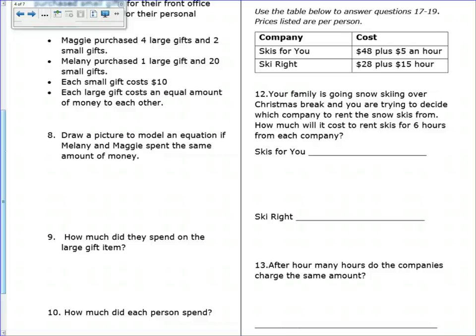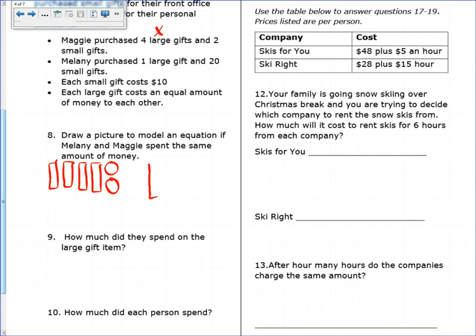So number 8 says draw a picture to model an equation. So we're going to treat Maggie and Melanie's purchases like algebra tiles. We're looking for how much a large gift costs, so that's going to be our x. So Maggie purchased 4 large gifts. That's going to be 4 x's for your algebra tiles. And then she purchased 2 small gifts, so 2 counters.